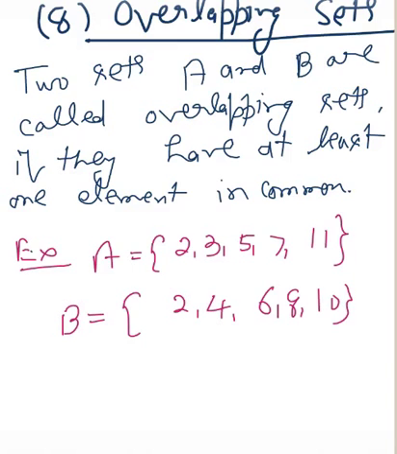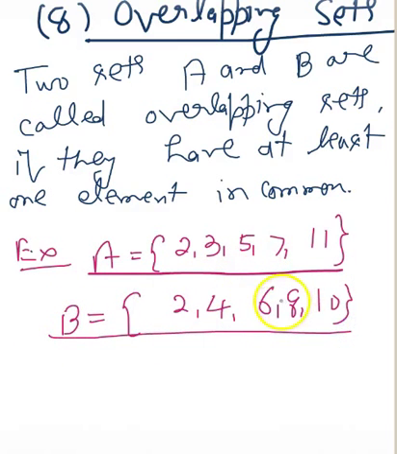So going by the definition, two sets A and B are called overlapping sets if they have at least one element in common. In the example below, set A has elements 2, 3, 5, 7 and 11, and set B has elements 2, 4, 6, 8 and 10.